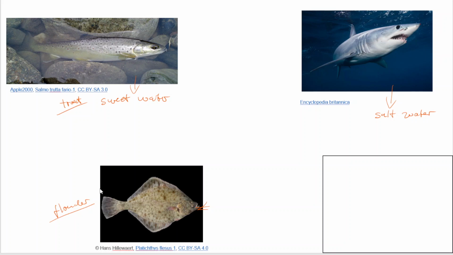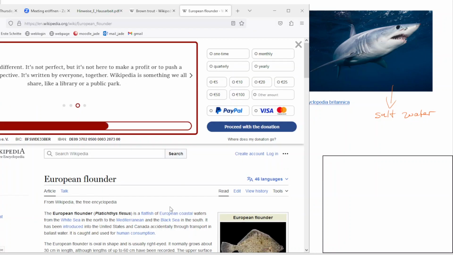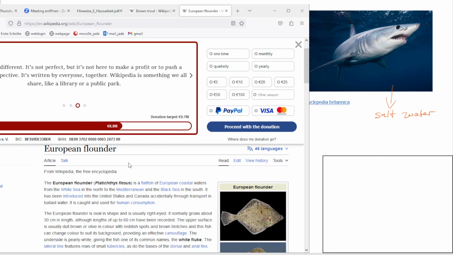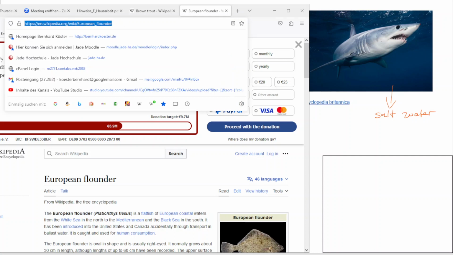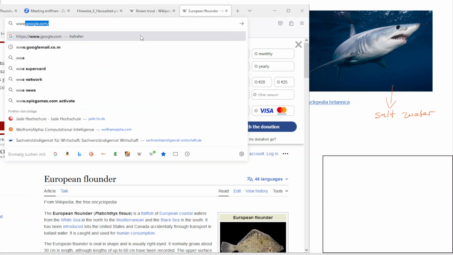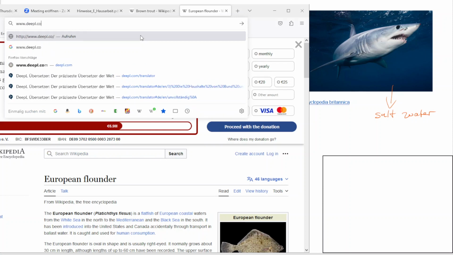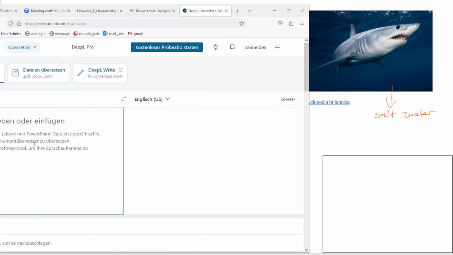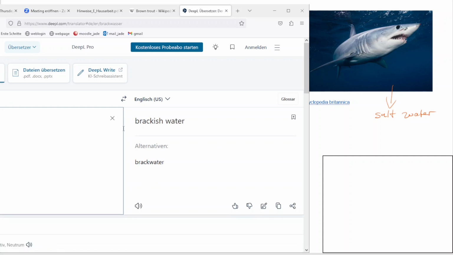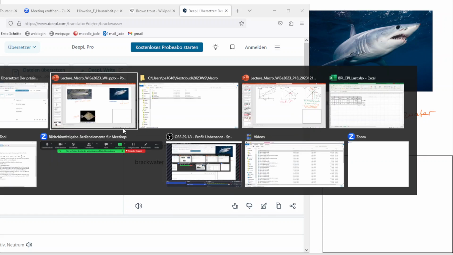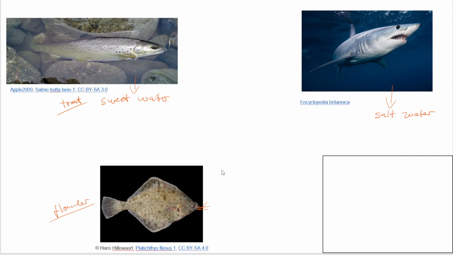Sweetwater and saltwater come together. This is called brackish water, the mixture where our rivers go into the sea.